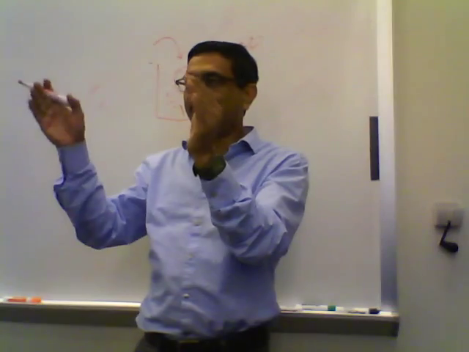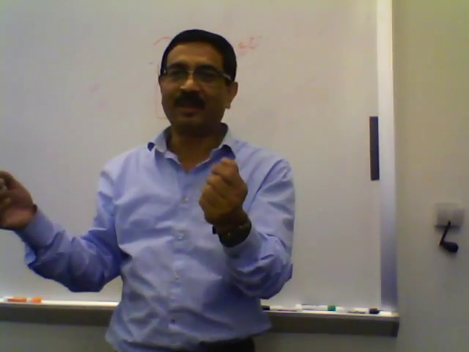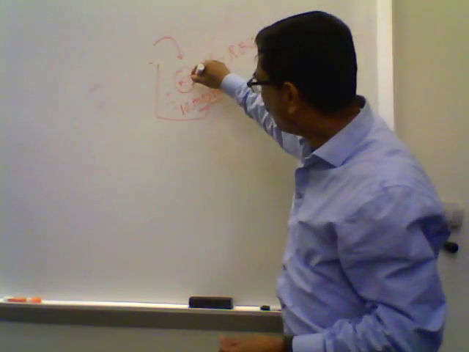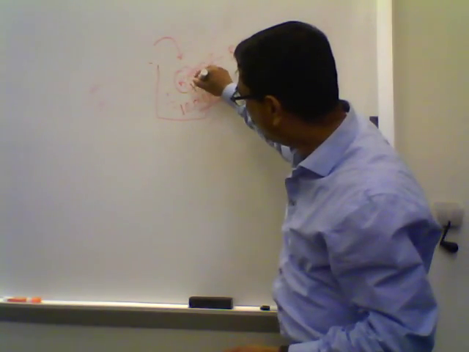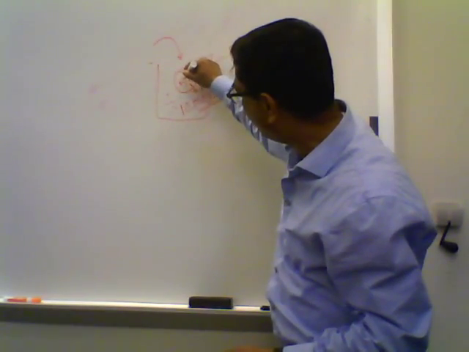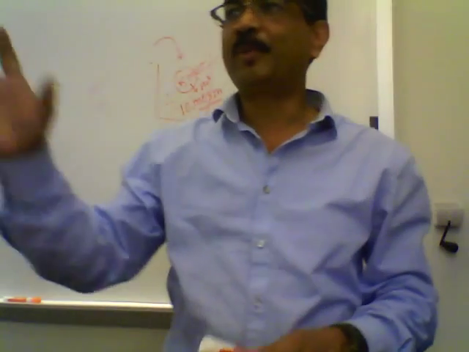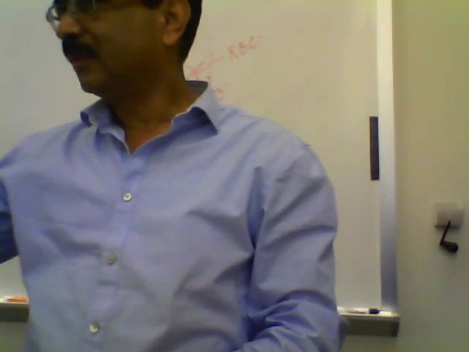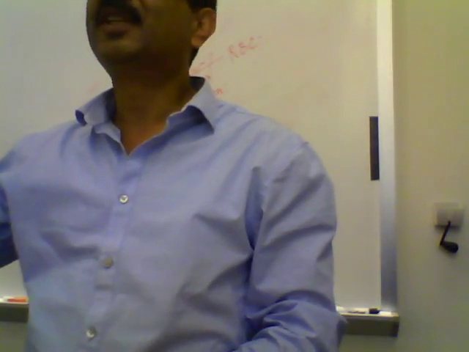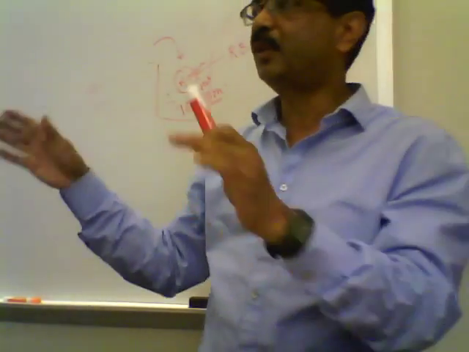Water always moves from which to which? Low to high, right? We have talked about that. So water will move from low to high. That means from the cell, water will get out. Is it clear? So, what will happen to the cell? Get big or small? Shrink. So, that's the response of the cell in hypertonic solution.